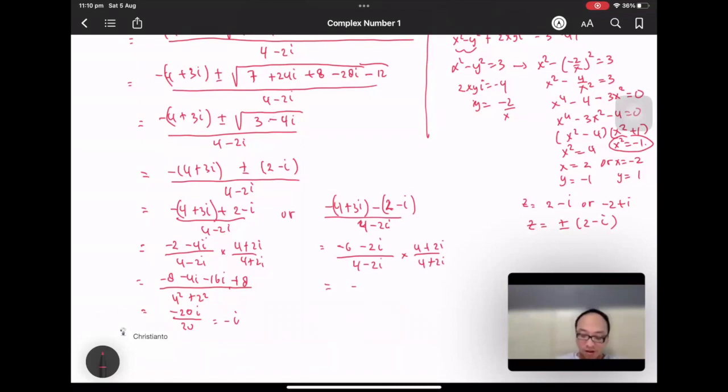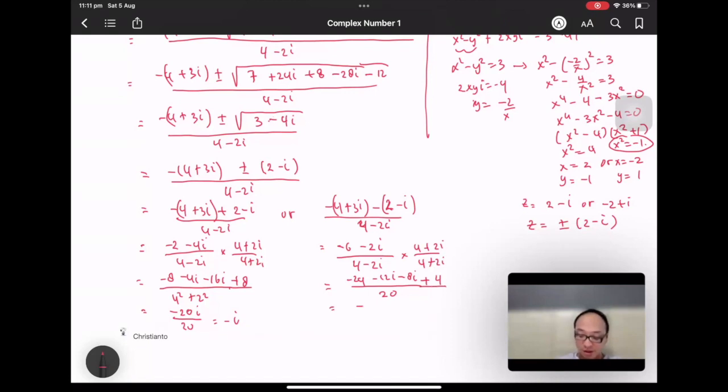The denominator will be the same, 20, and the top will be negative 24 minus 12i minus 8i, plus negative 2 times plus 2 is negative 4i squared, so it's plus 4.